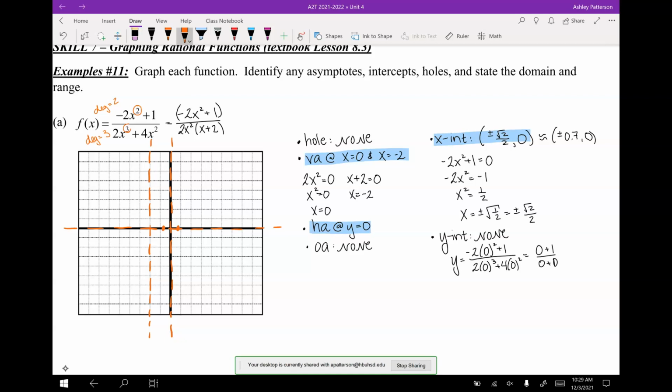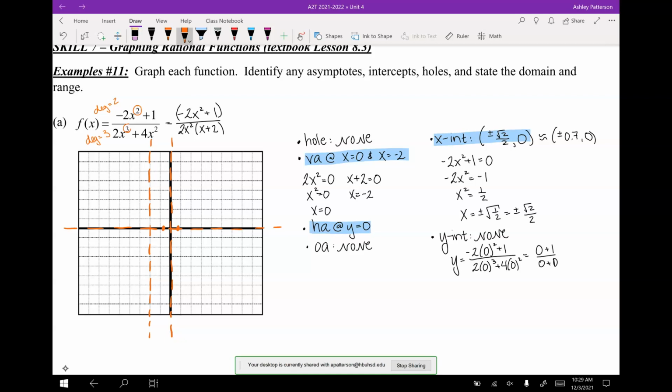This is where the uncertainty comes in because we don't have points that we can transform and graph. We're not even going to find points that we can plot. What we're going to do is sketch in the rest of the function. So how do we do that? I need to figure out where the graph is in relation to the x-axis.